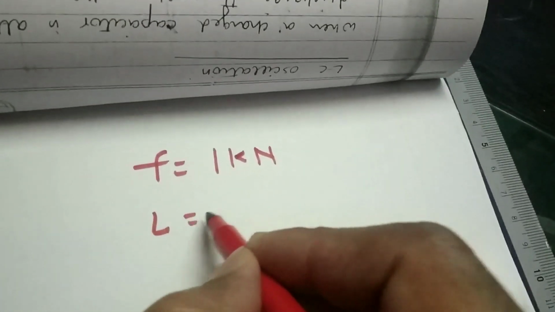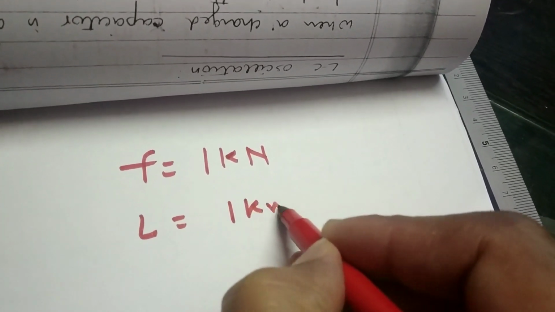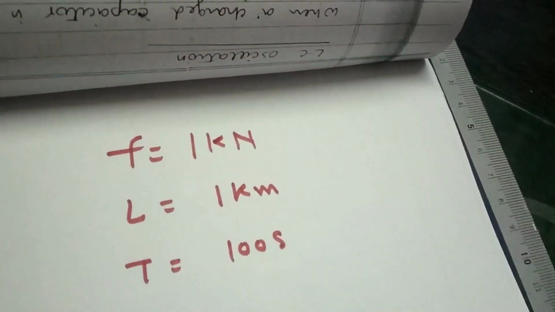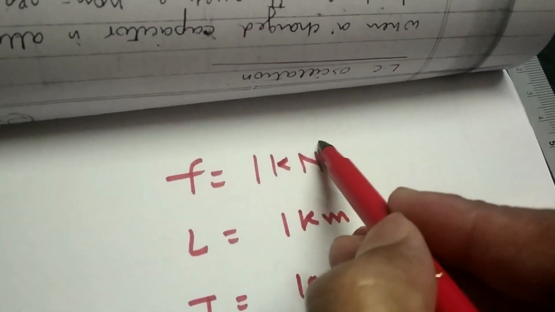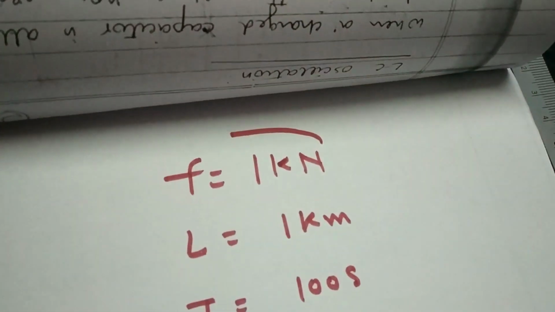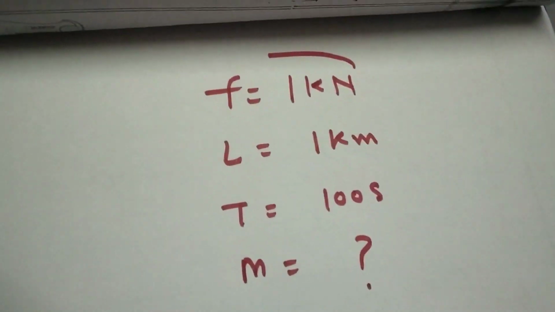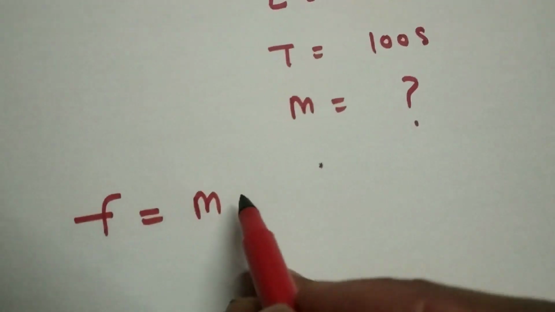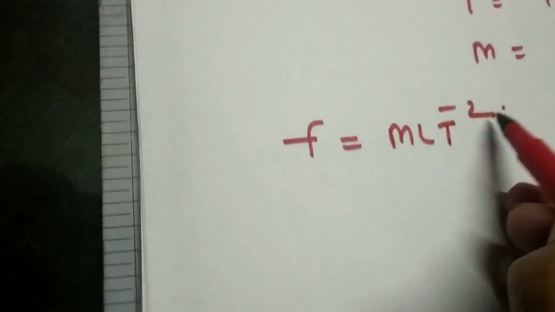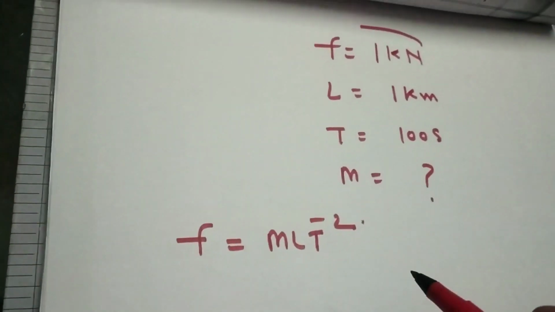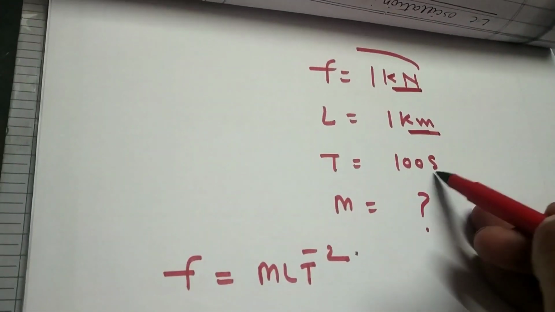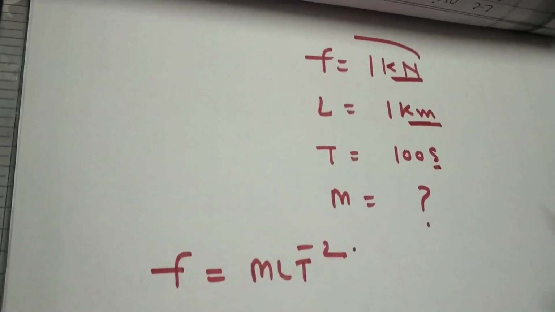So length is 1 kilometer and time is 100 second. Clear? You have to find the mass. The dimension formula of force, you know, is M L T to the minus 2. Force is in kilonewton, length in kilometer, and time in second.